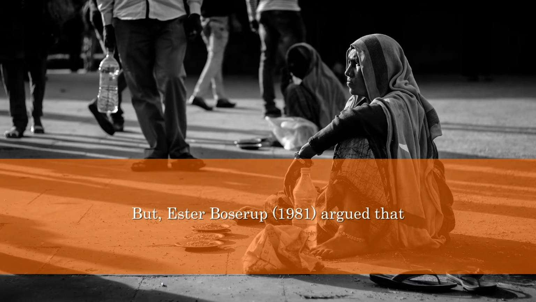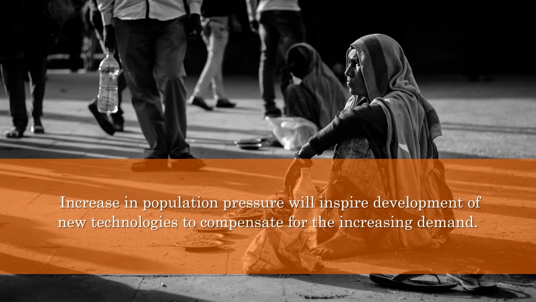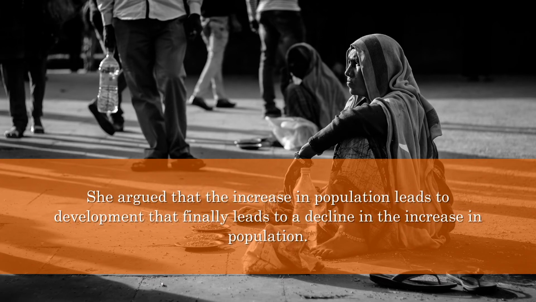Boserup argued that this increase in population pressure will inspire the development of new technology to compensate for the increase in demand, because human knowledge is developing, and humans have the characteristic that we try to find one alternative or another. That assumption was also reflected in Boserup's arguments. She also argued that the increase in population leads to development that finally leads to a decline in the increase in population.